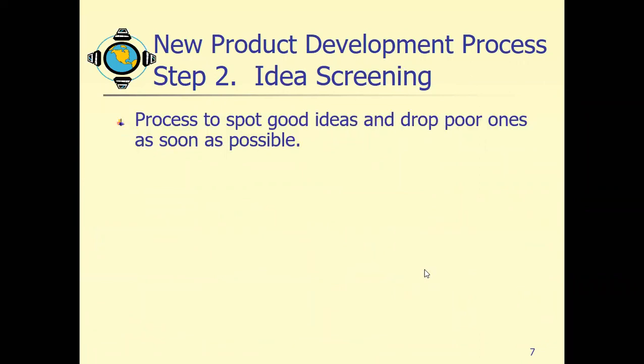The next step is idea screening. Idea screening is spotting the good ideas and dropping poor ones as soon as possible. In the idea generation stage, we have got many ideas.